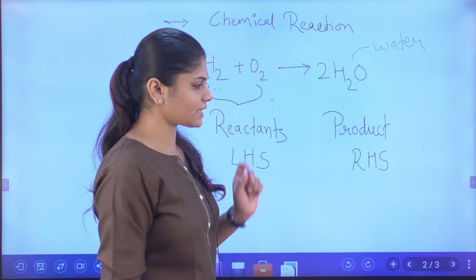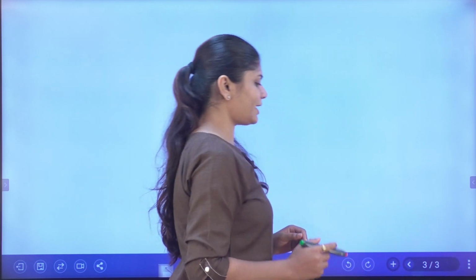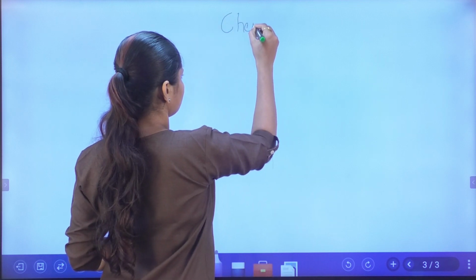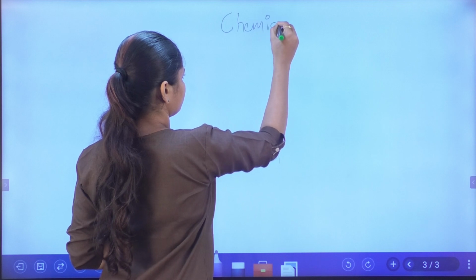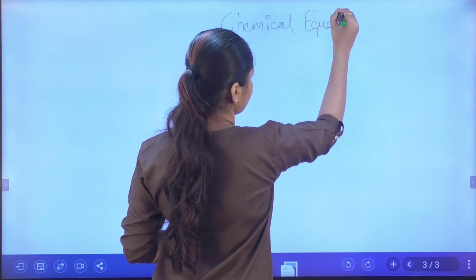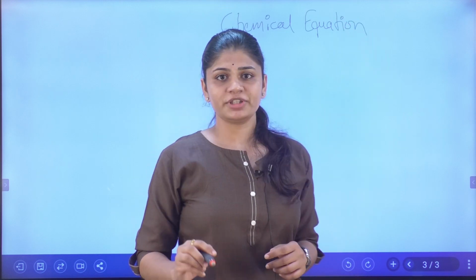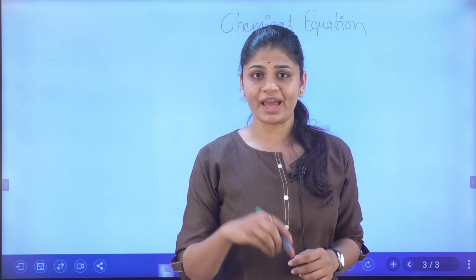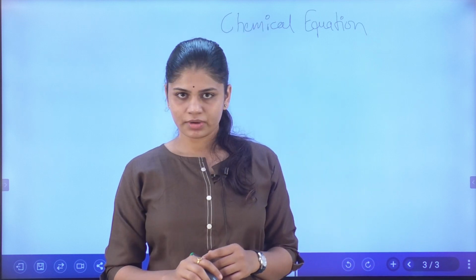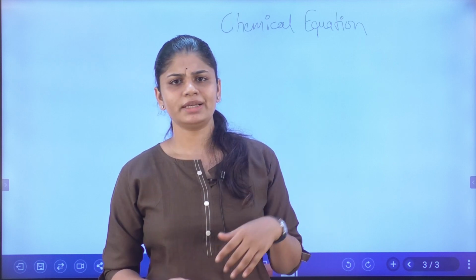I hope this is clear to you. Now let's move towards the chemical equation. The chapter name is what? Chemical Reactions and Equations. Now we have discussed what chemical reactions are. Now you will just think, what is a chemical equation?